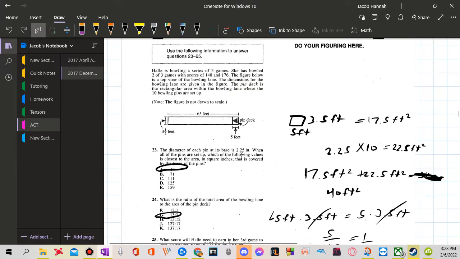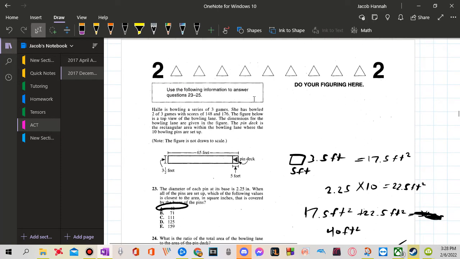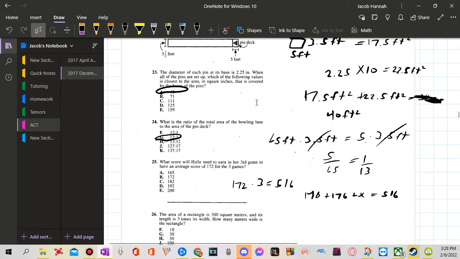So, if she scored 148 and 176, what number does this have to be for 516? So, you know, 176 plus 148, that's going to be 324. 516 minus 324. That's 192. D.